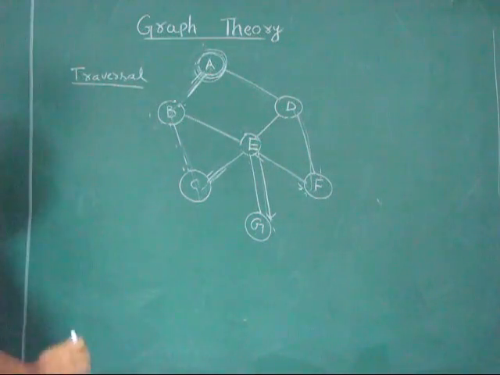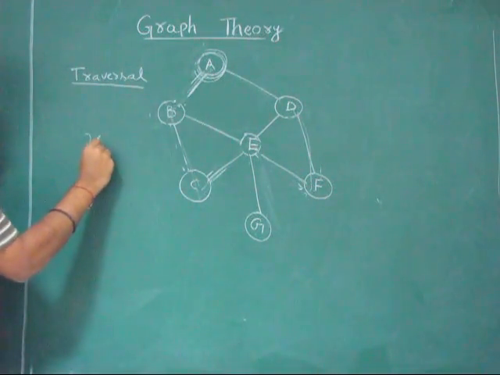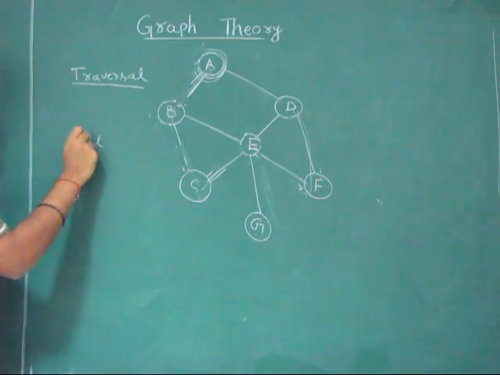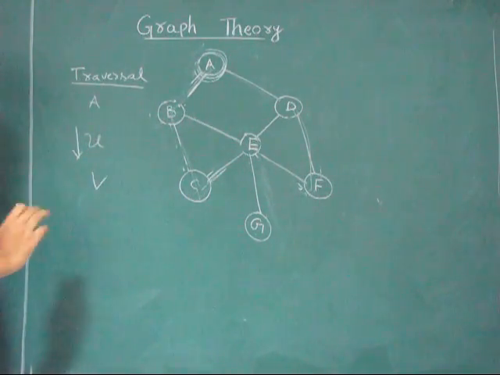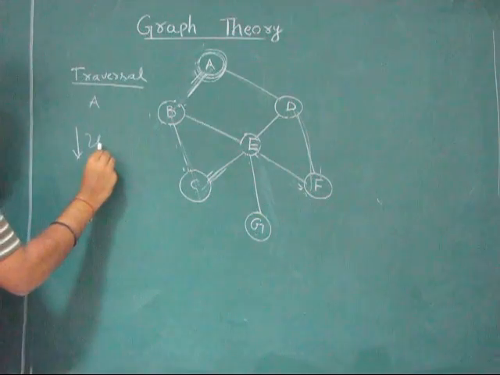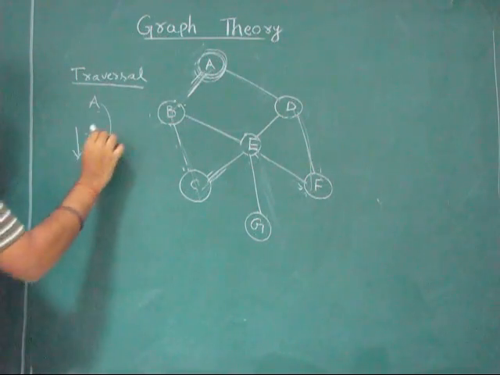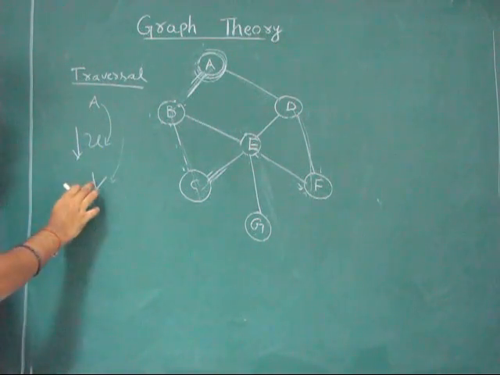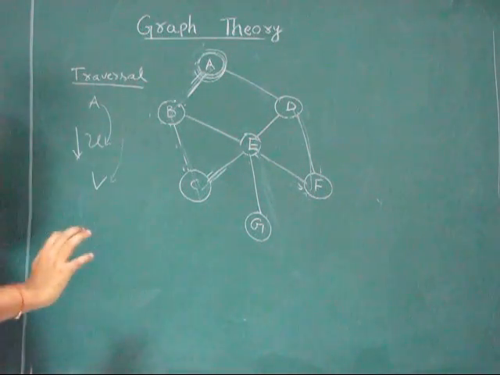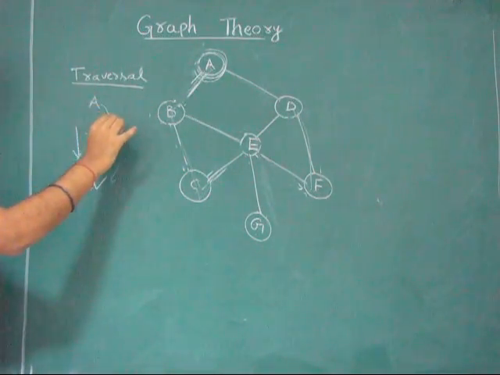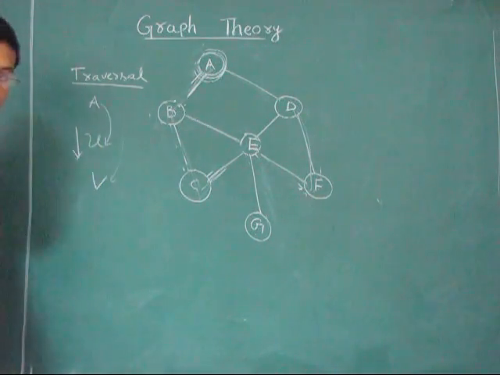Now we put a restriction: if I visit a vertex U first, starting from A, and I visit a vertex V later, I want to make sure that the distance from A to U is not greater than the distance from A to V. In simple words, I want to traverse all the vertices which are near first, and only then go to the vertices which are at the next distance.